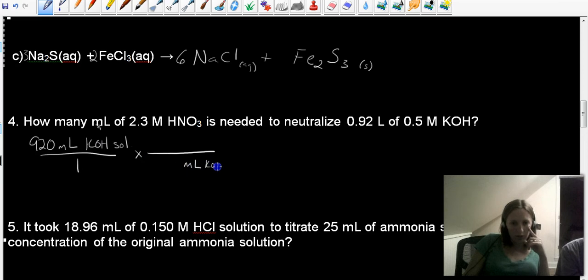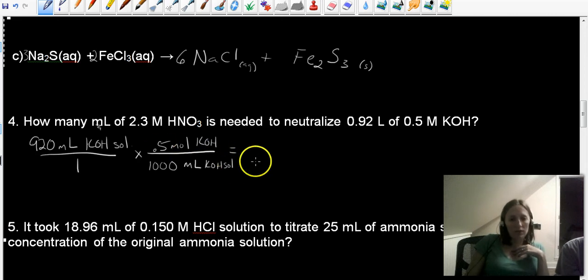And we ask ourselves, what do we know about a certain number of mLs of KOH solution? That 1,000 mLs contains 0.5 moles of KOH. That will get you the number of moles of KOH that you have. And that's going to give you 0.46.